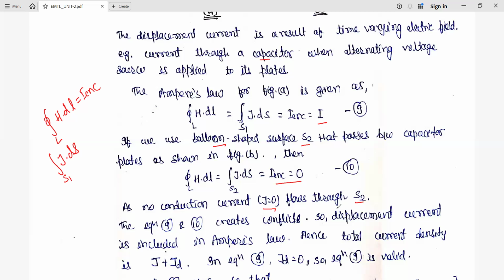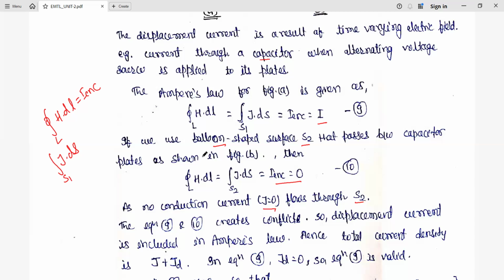So finally, displacement current is included in Ampere's law. So the total current density is J plus J_D. Now if you write J_D equal to 0, then equation 9 also is going to be valid, since when a wave propagates, this displacement current density plays the major role.